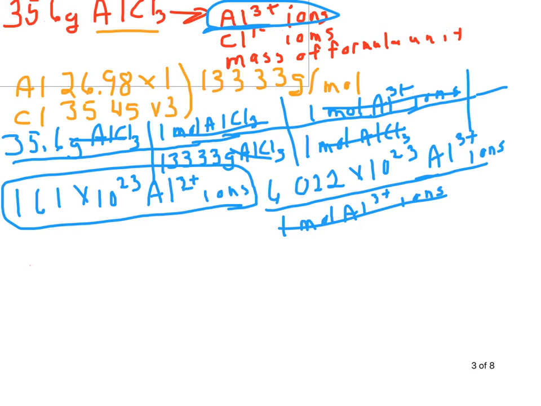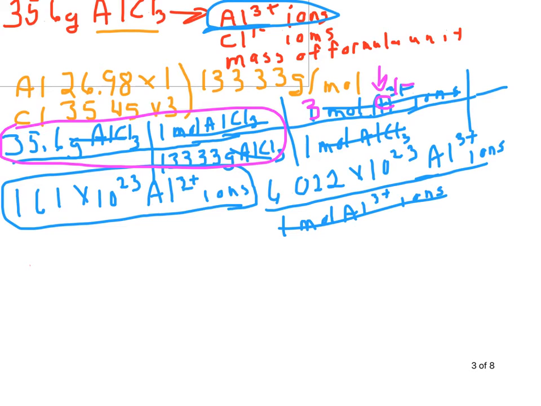Get a new color here. And the only difference here is we're still going to start with this first part. It's all got to be the same. But this part here is going to change. Because we're not dealing with aluminum ions now, we're dealing with chloride ions. But there are 3 chloride ions for every mole of aluminum chloride, because we got AlCl3.